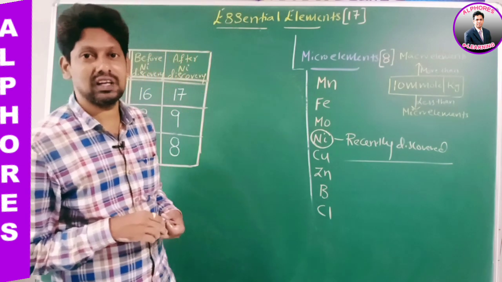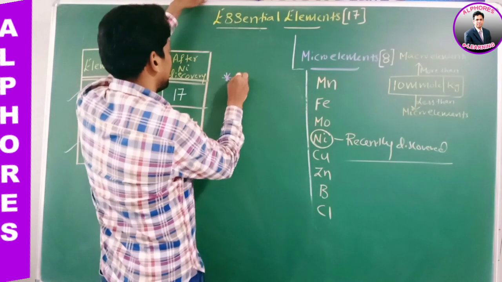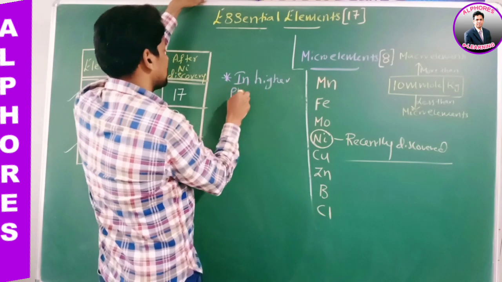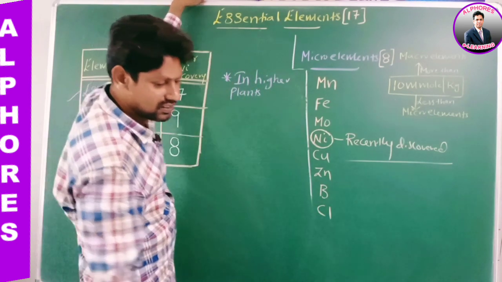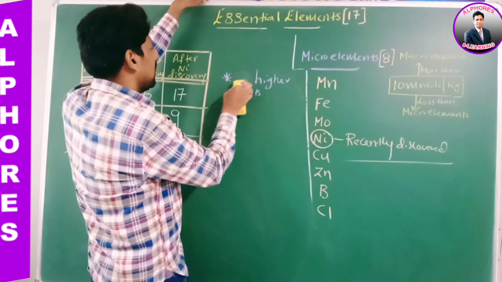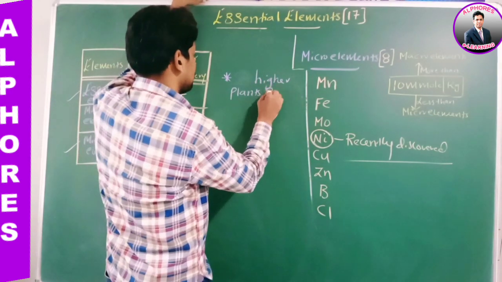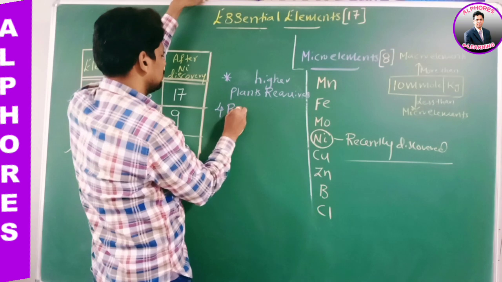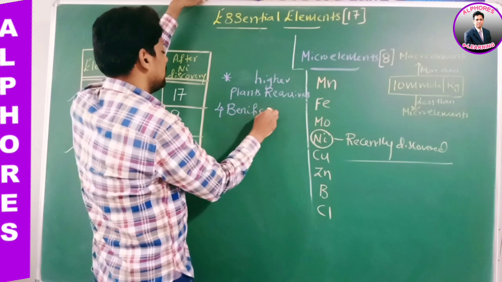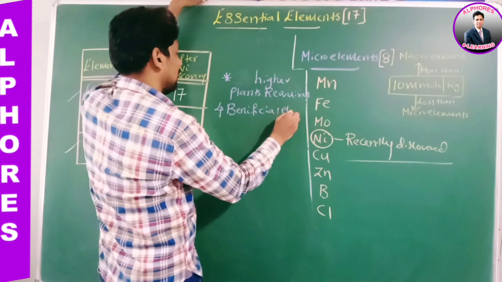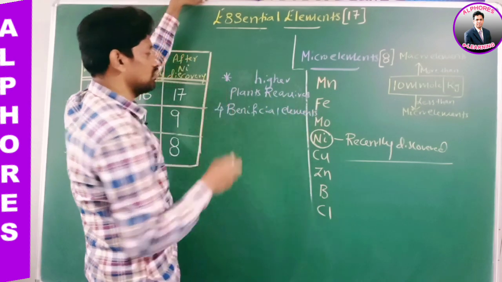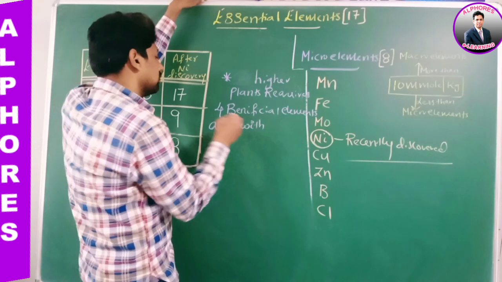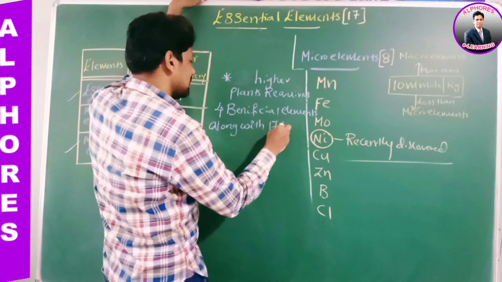Higher plants require 4 beneficial elements along with 17 essential elements.